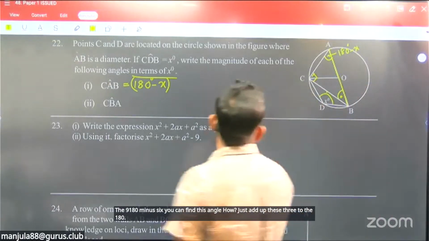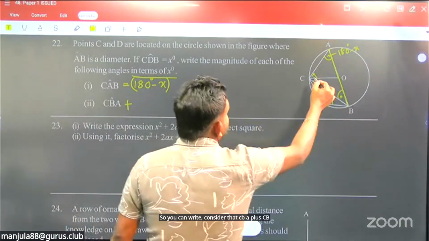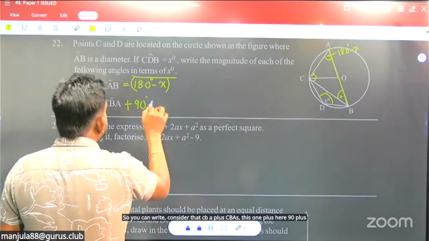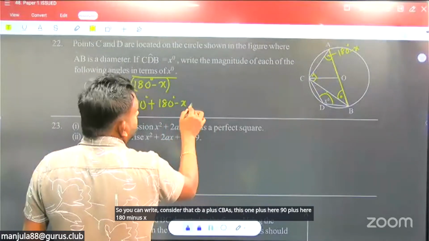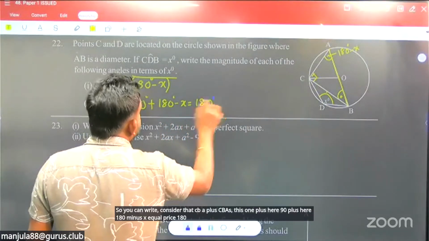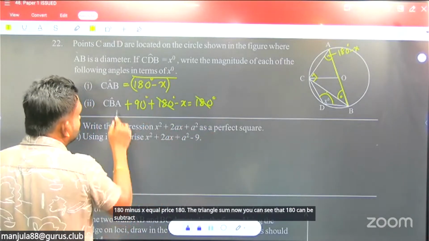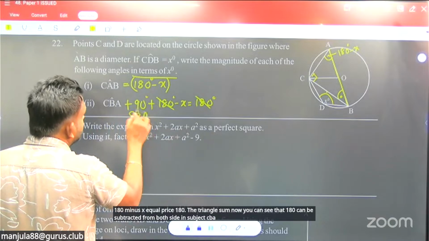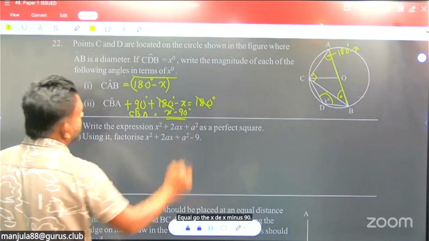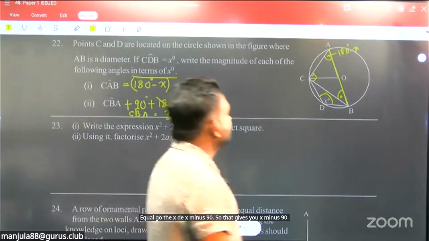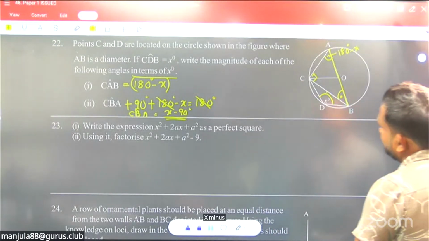So you can write: CBA plus 90 plus 180 minus X equals 180, the triangle sum. Now 180 can be subtracted from both sides. Then making CBA the subject, CBA equals X minus 90. So that is the answer.